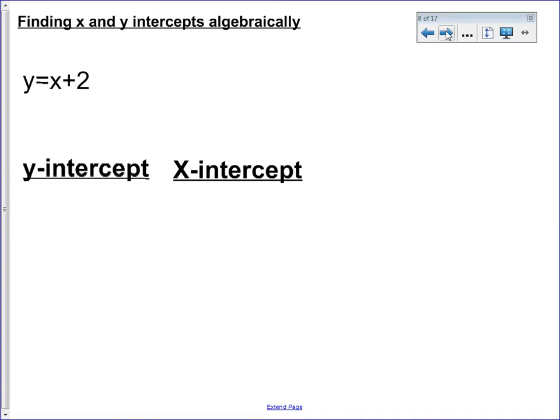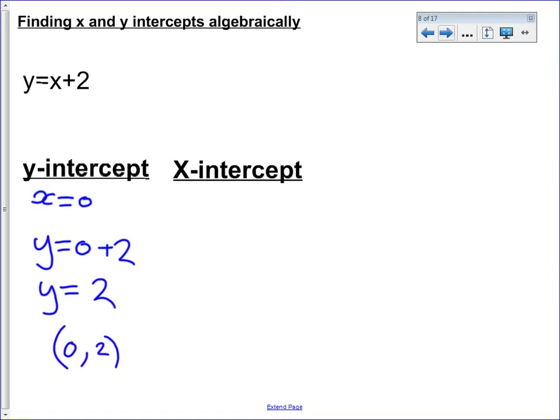Okay, let's do the same for y equals x plus 2. x is equal to 0, so we do y is equal to 0 plus 2, so we get y is equal to 2. So we get a coordinate of 0, 2. The same for the x-intercept. y is going to be 0, so we have 0 equals x plus 2.